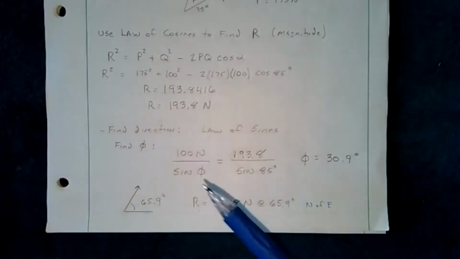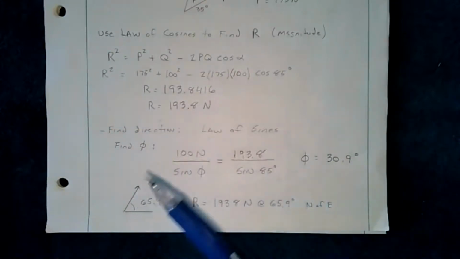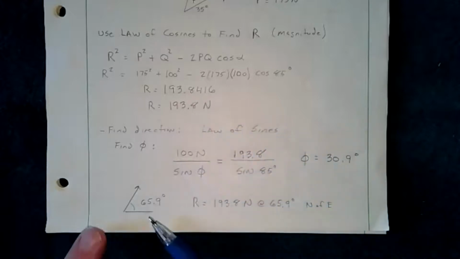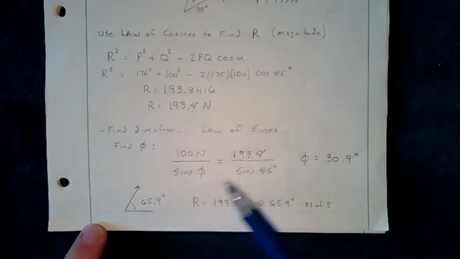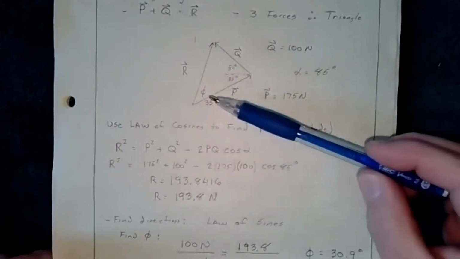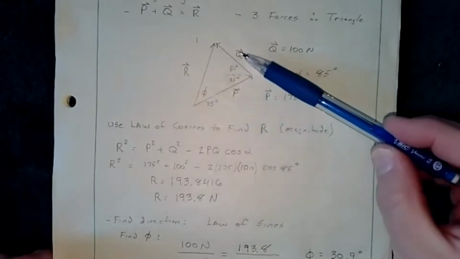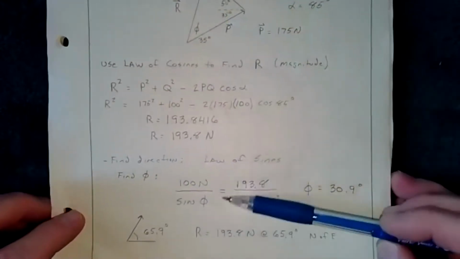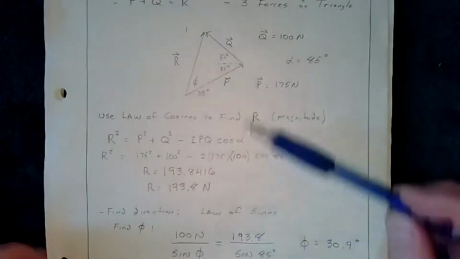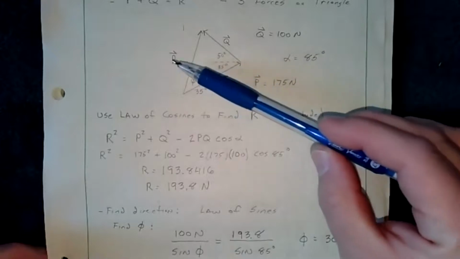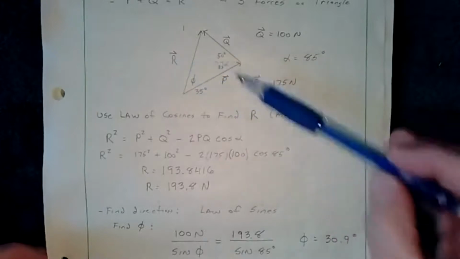Then I look at my directions. I've gotten the resultant, but now I want to know what the actual angle is. This angle here I can find from the law of sines. I know that Q over the sine of phi is going to be the same as R over the sine of this angle.